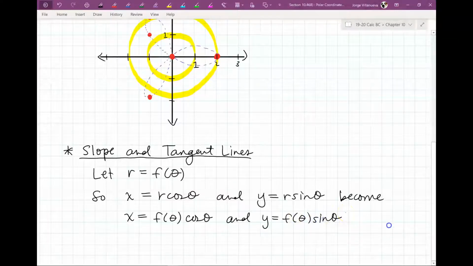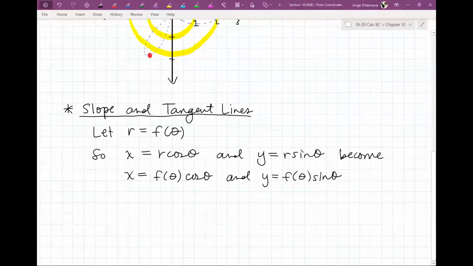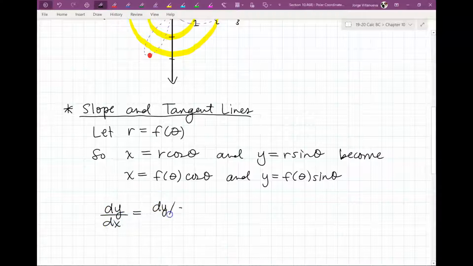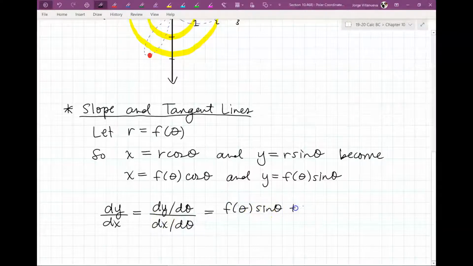Okay, no big deal. So using the derivative idea of parametric equations, the derivative for this becomes dy d theta over dx d theta, which looks like this: f of theta sine of theta plus f of theta cosine theta divided by, they're giving you the shortcut.